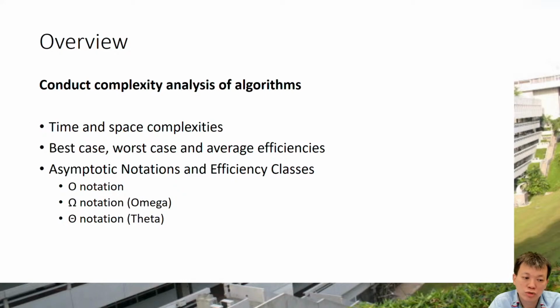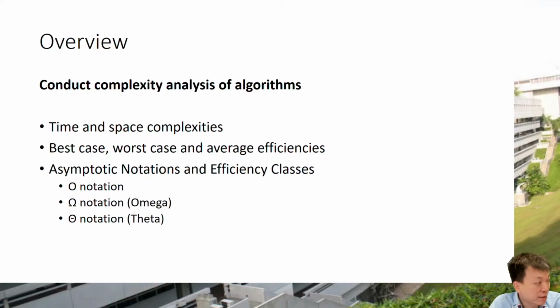We will cover this in this lecture, probably today and next, after recess week, in week 8 Monday. Today we will cover time and space complexity, and what the best case, worst case, average case, or efficiency are. After that, on week 8 Monday, we will cover the asymptotic notation.